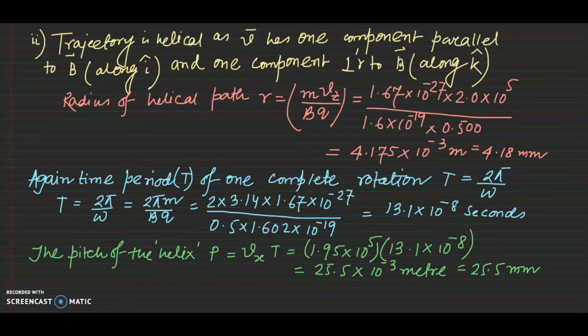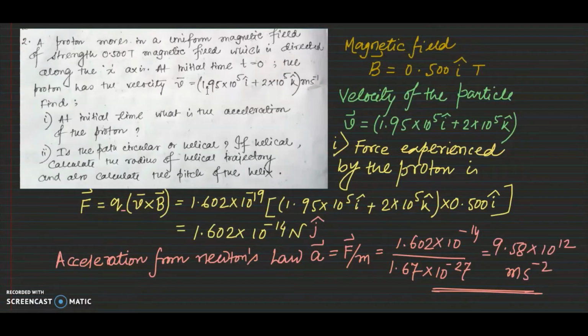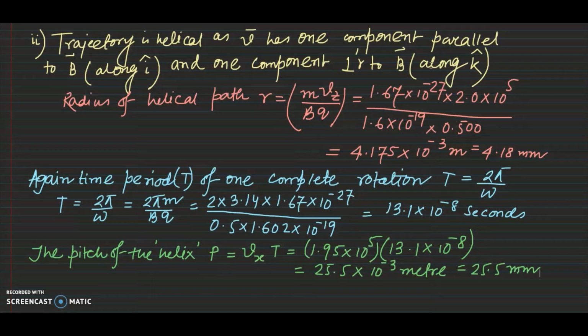This is the expression of the velocity here: 1.95 times 10 to the 5 is the component along the direction of the magnetic field, along the x-axis, and the other is along the z-axis. So the velocity has two components, so the trajectory will be helical. And the radius of the helical path will be r equal to m v perpendicular over qB, where I need to consider the velocity component that is perpendicular to the magnetic field.